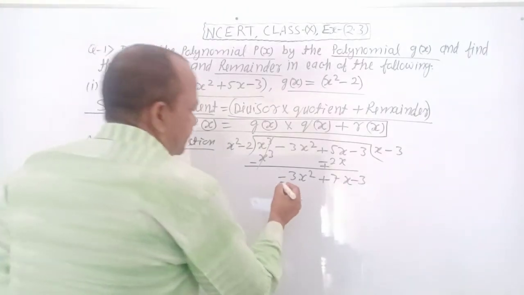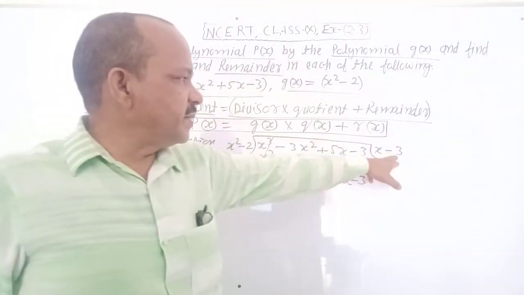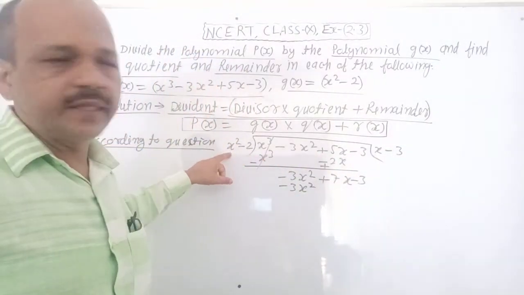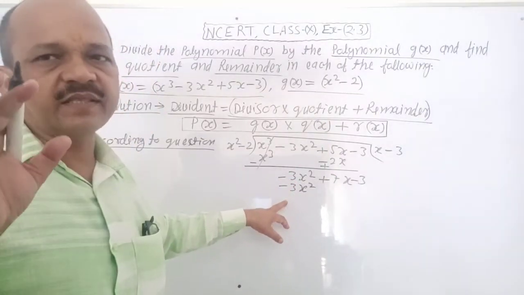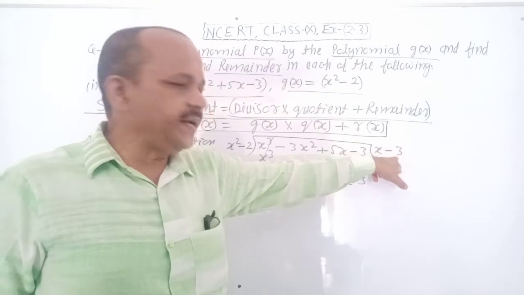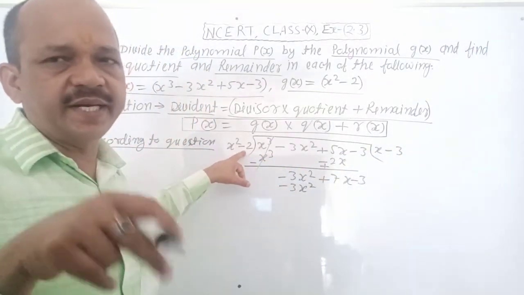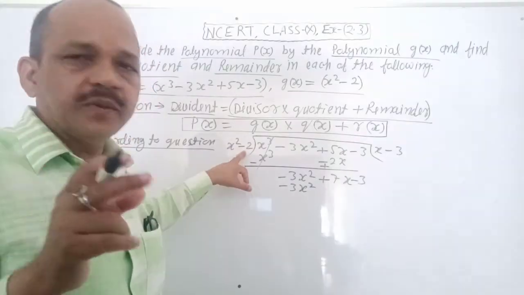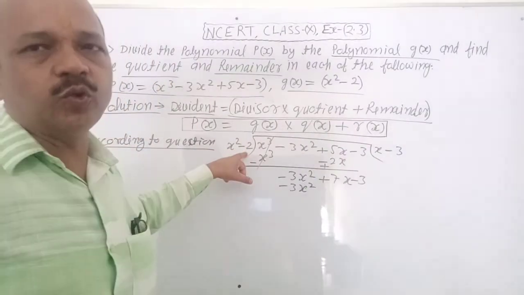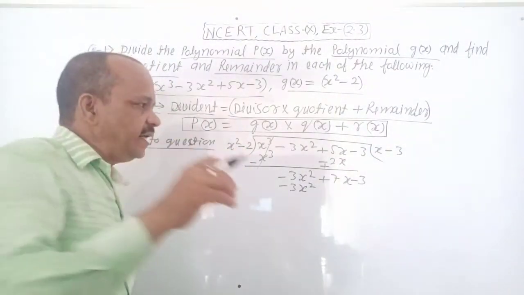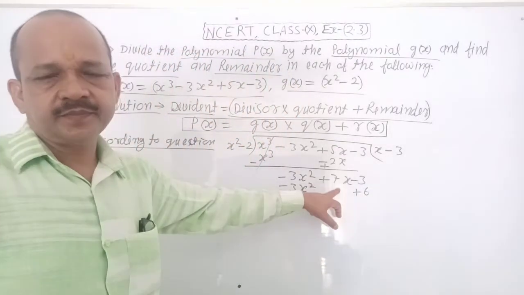Now you multiply minus 3 and minus 2. Minus multiplied by minus becomes plus. Minus 3 multiplied by minus 2 becomes plus 6. You can write here plus 6.